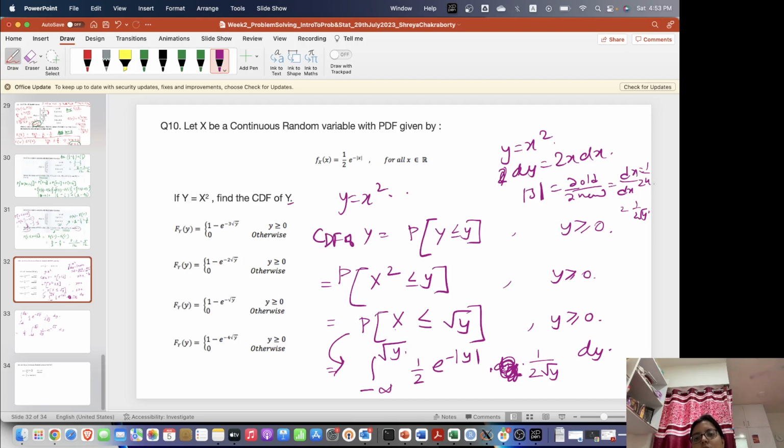Instead of x, we are substituting x with root y, and we had dx, so in that place we are substituting dy by 2x. So x is root y. That is what we are doing over here. And why is it not happening?